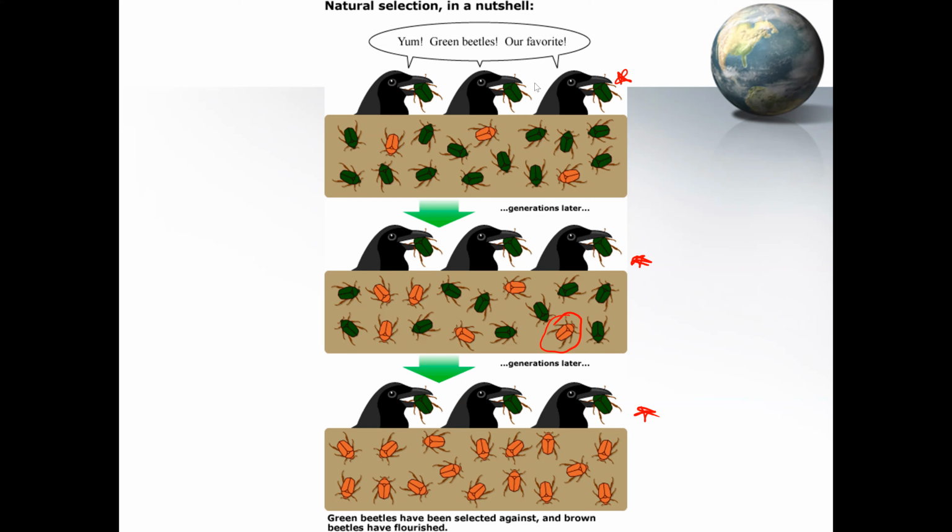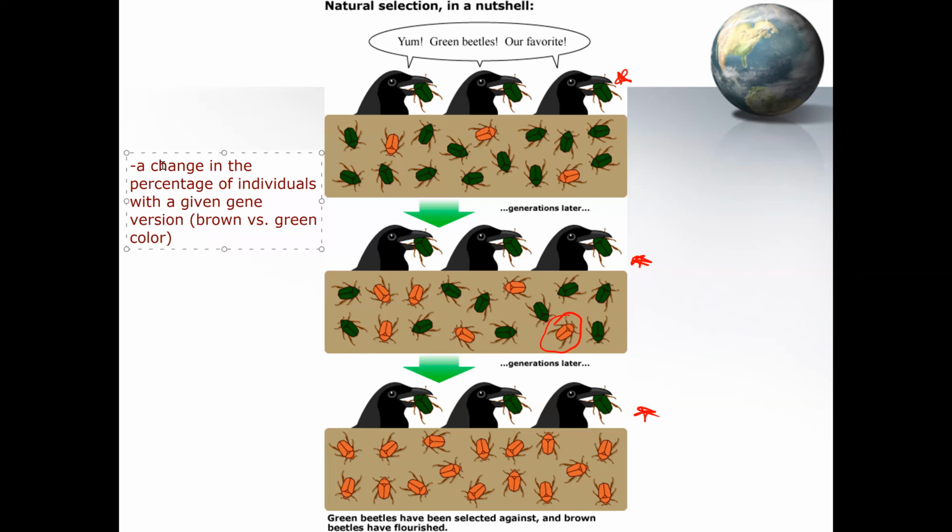So let me write that down for you again. I know I already wrote this down, but this will just give you some repetition. It's a change in the percentage of individuals with a given gene version. Remember, we're looking at brown versus green color.